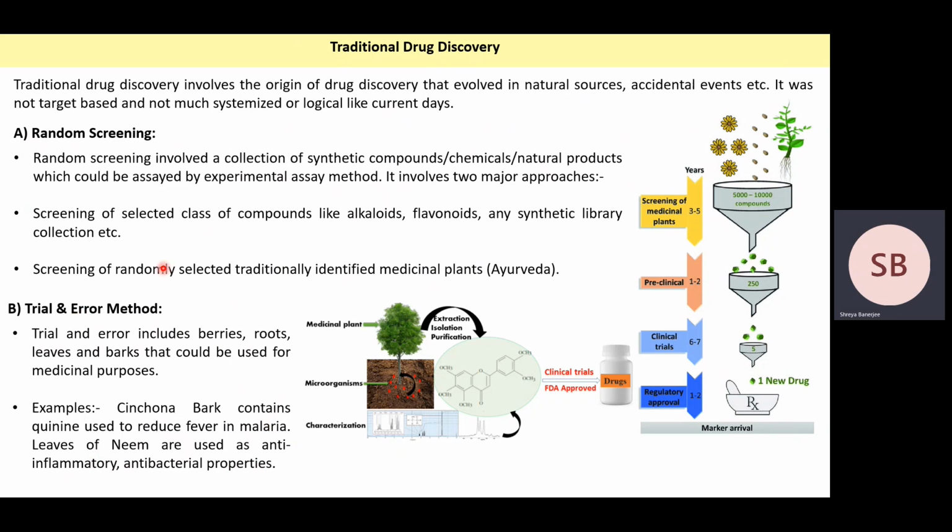So in the trial and error method, what is done is that a medicinal plant which has potential of being used for medicinal properties is selected. The medicinal component or chemical compound which is responsible for its medicinal properties is extracted, isolated, and purified, and then it is characterized, and finally clinical trials are done to convert it into an ingestible drug and approve it by the FDA.